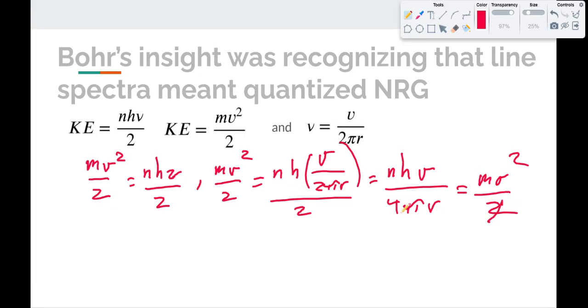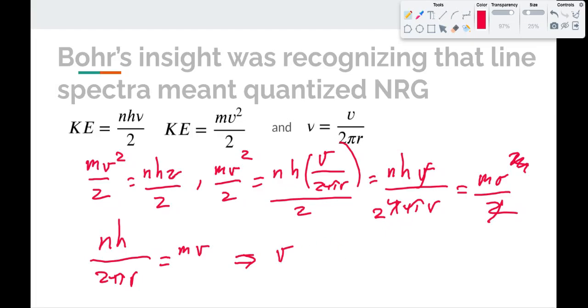So we could take a 2 out. We could take a velocity out from both sides by canceling. And then that's going to give us that n times h divided by 2 times pi times r is equal to m times v.